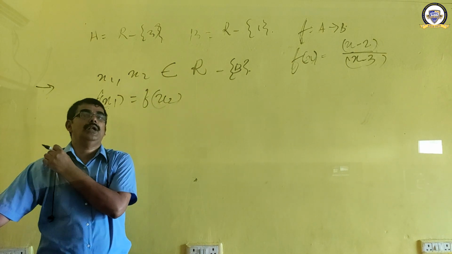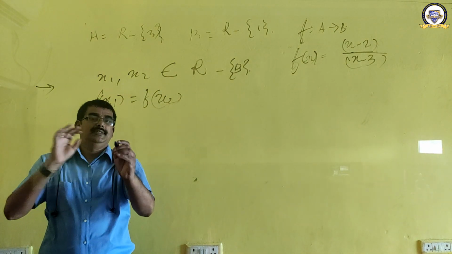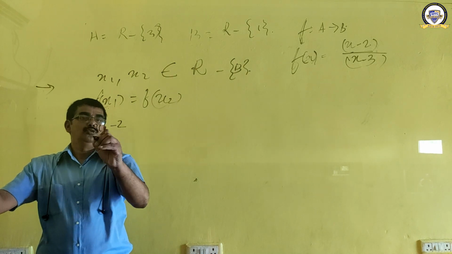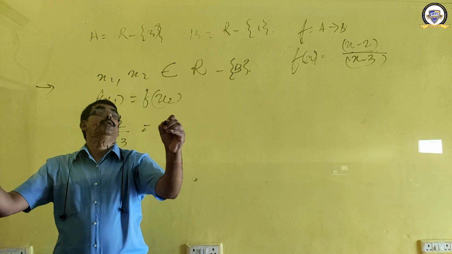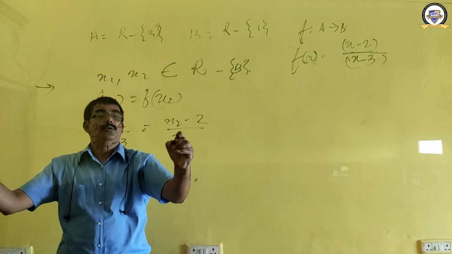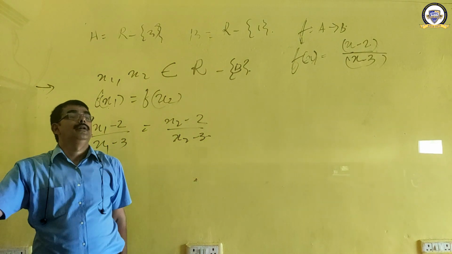So what do we have to write? f of x1 is equal to x1 minus 2 upon x1 minus 3, equal to x2 minus 2 upon x2 minus 3.